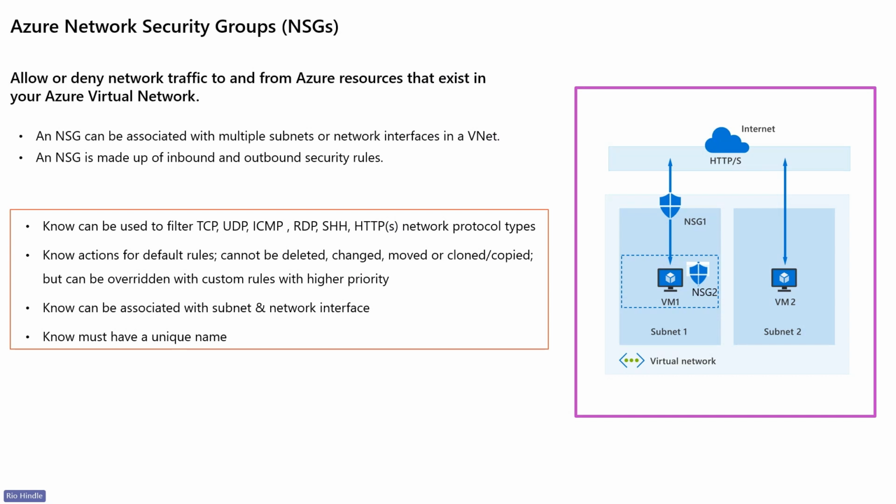So ultimately, to take away from here, it can be used to filter network protocol types, typically TCP, UDP, ICMP, and these ones here. So basically, not strictly limited to these, but these are the ones for the exam as well, the most common. So common admin ports, RDP, SSH, those common ports. So it allows us to filter on that basically.